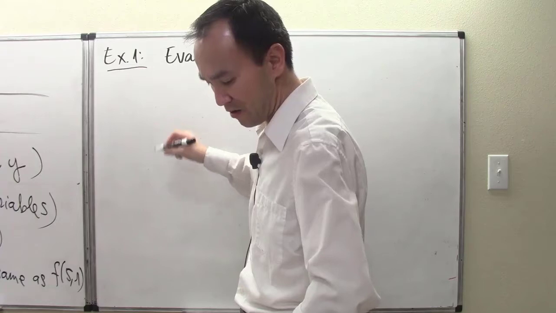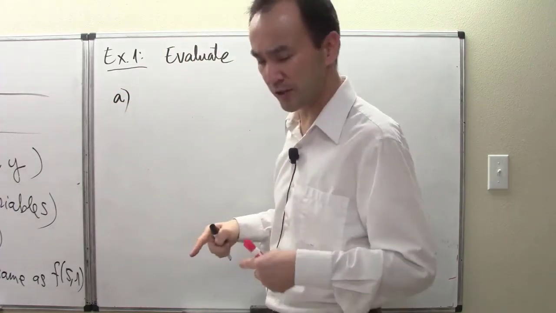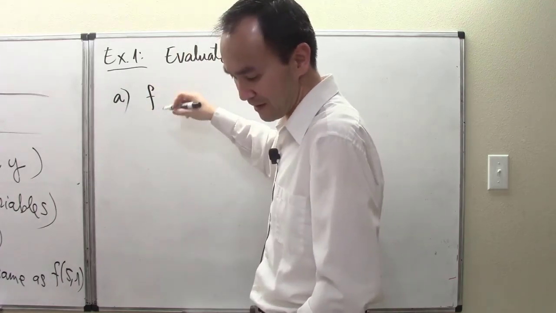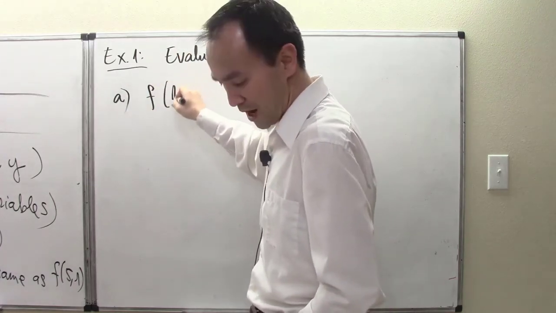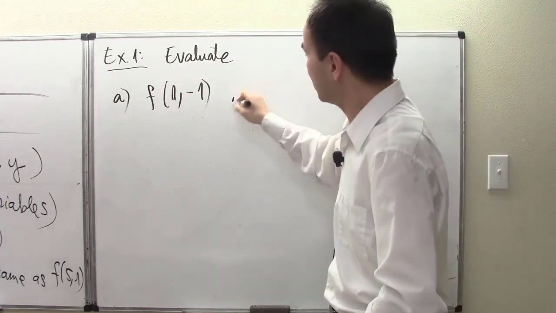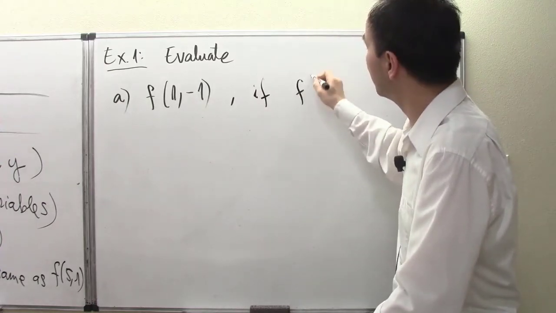In part A, I want to evaluate f of 1 comma negative 1, for f of x comma y.